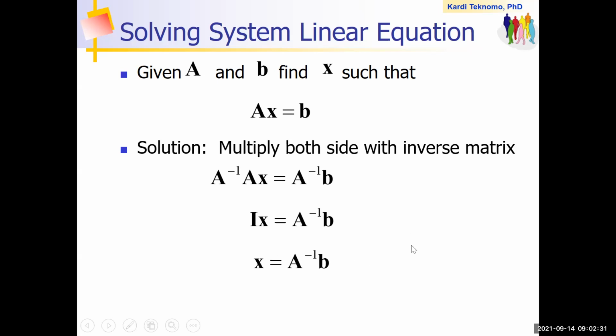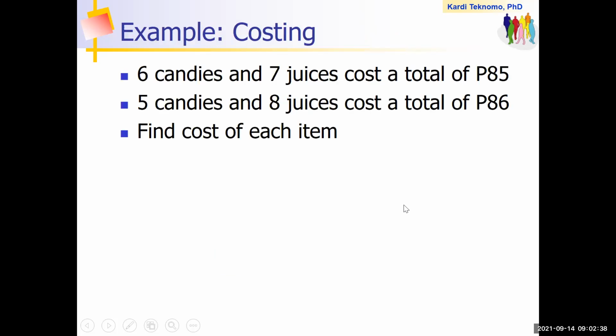This is the one that you will use in the next few slides. This is in pesos, but you can try. 6 candies and 7 juice, total cost of that price. And 5 candies and 8 juice, total cost of that price. Can you find the cost of each item?